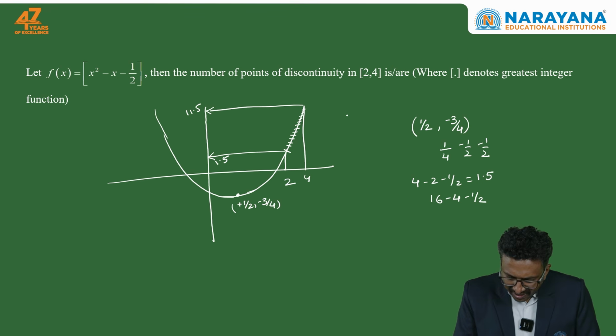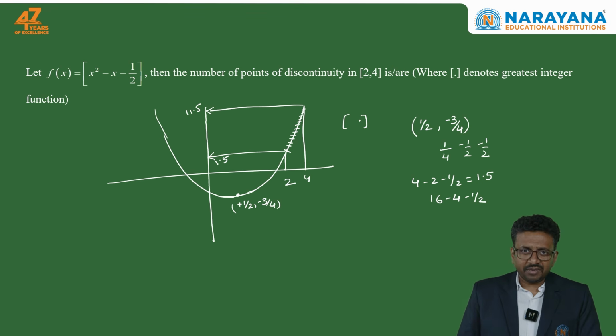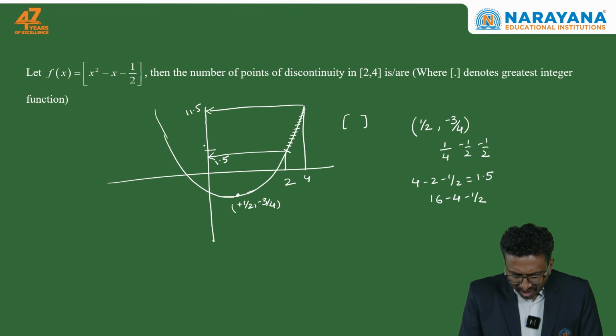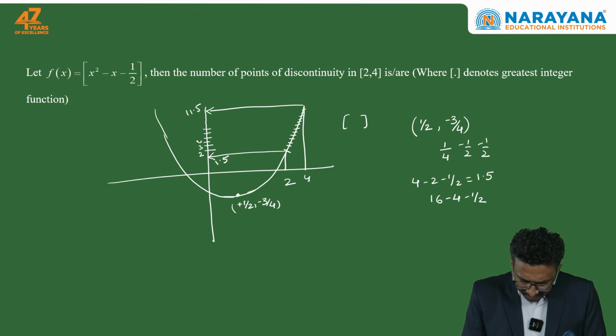Now we apply the integer part to this graph. When you apply the integer part, the graph becomes discontinuous whenever the graph crosses integers on the y-axis. So what are the integers that are being crossed? 2, 3, 4, and so on up to 11.